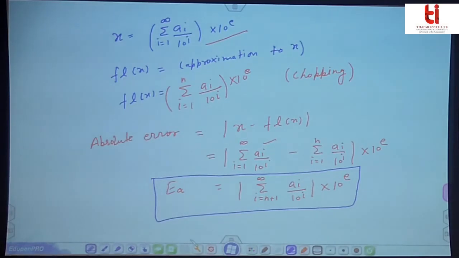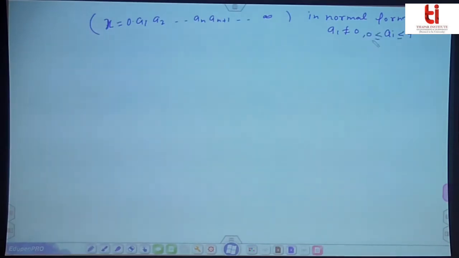So just recall, in normal form, if we are writing a number, suppose 0.a1 a2 ... an, an plus 1, up to infinity. In normal form it is given that a1 is not equal to 0, and for a_i the condition is that it lies between 0 and 9, while for a1 it lies from 1 to 9. a1 cannot be 0.